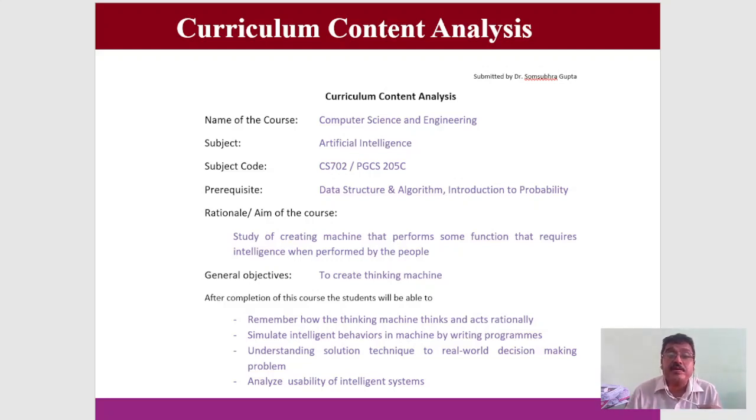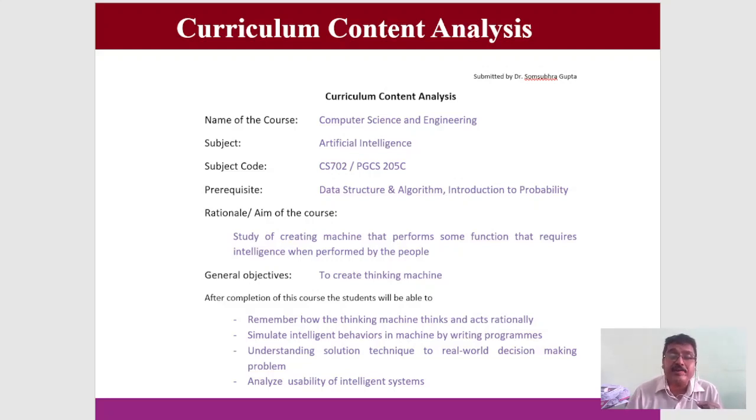And then we need to have an analysis of what's the prerequisite, right? Here, as we talk about artificial intelligence as a course or subject in a program of computer science and engineering, BTech say, or even MTech, either of them, we identify the prerequisite subjects of this subject, and as we can find, preliminary knowledge of data structures and algorithms and introduction to probability should be there.